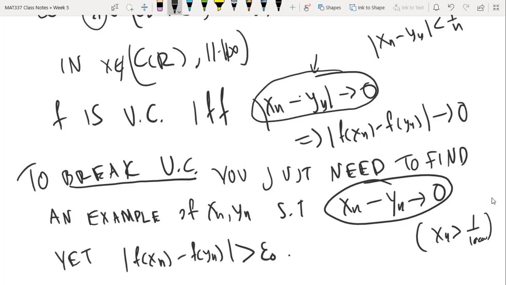The only requirement to ensure is, if you want to break uniform continuity, you just need to find something that has this, yet breaks this. And maybe you needed that to do this. That's fine. Okay.